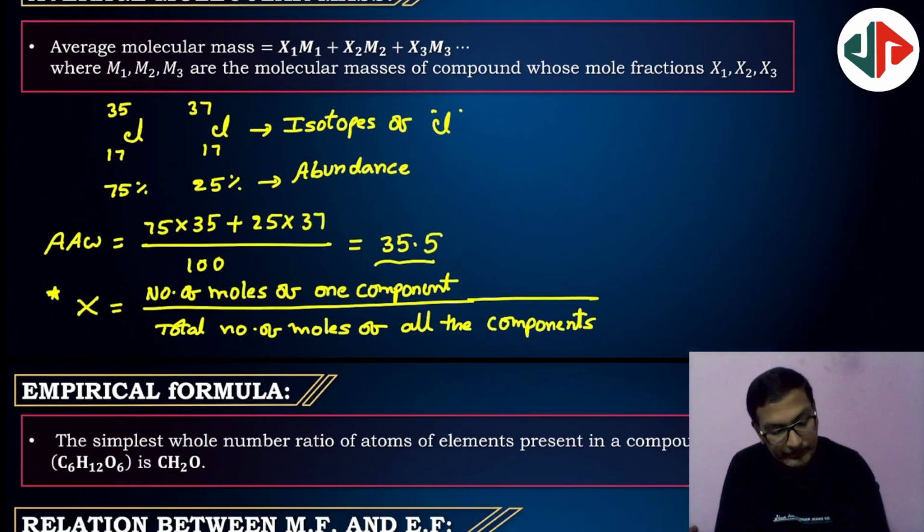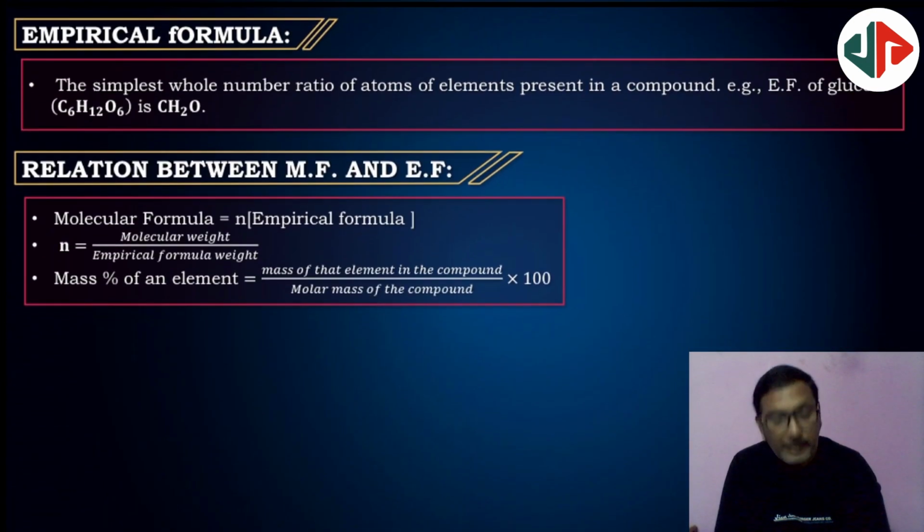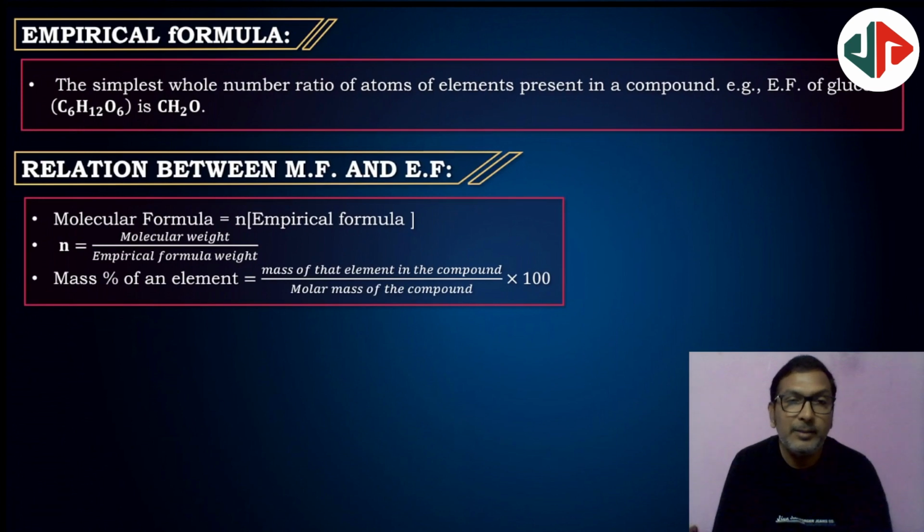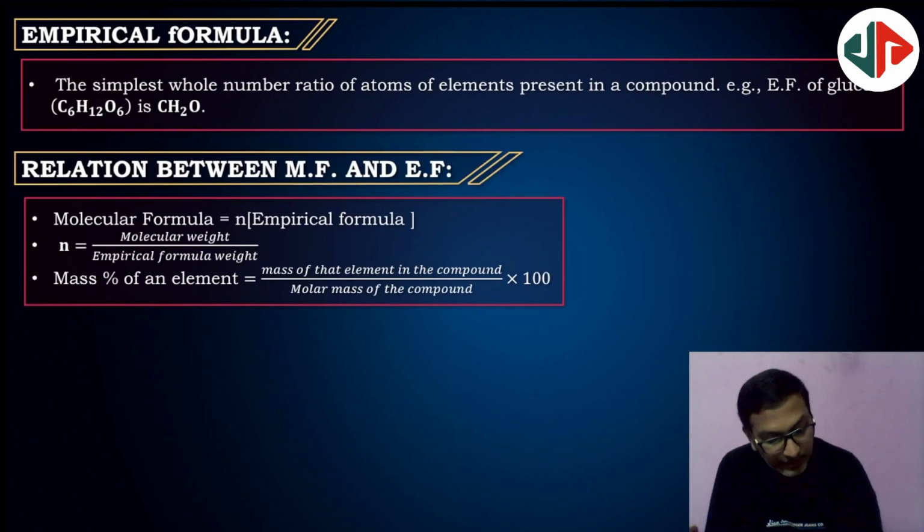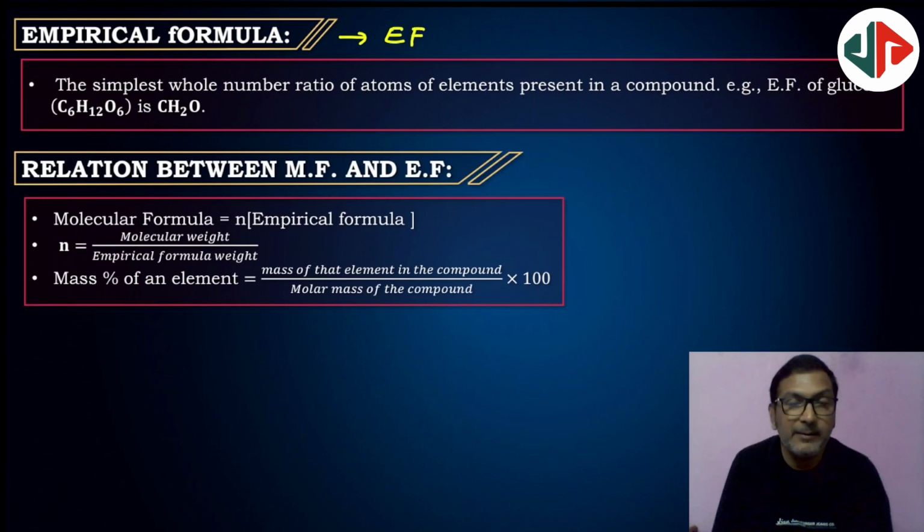Next, empirical formula and molecular formula. Empirical formula is denoted with EF, the simplest formula. The empirical formula is the simplest whole number ratio of atoms of different elements present in one molecule.